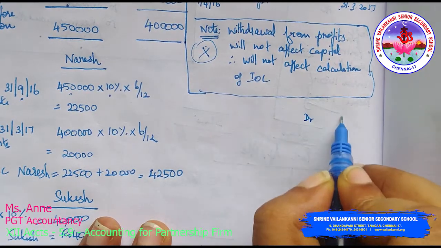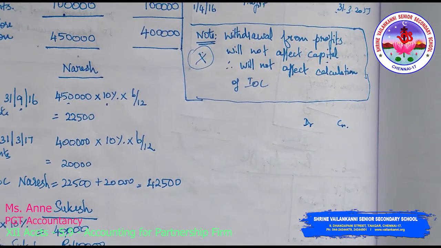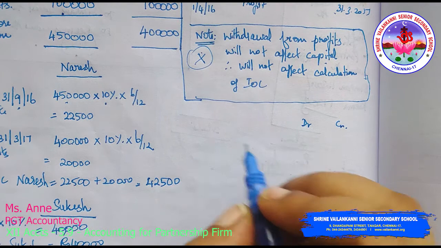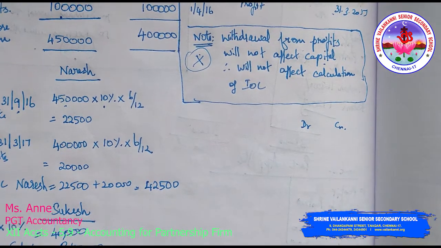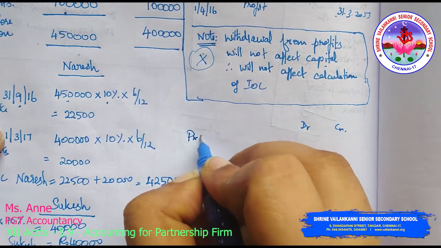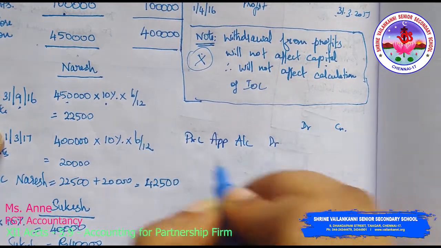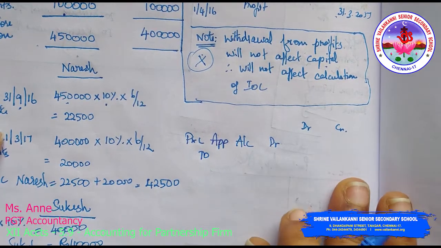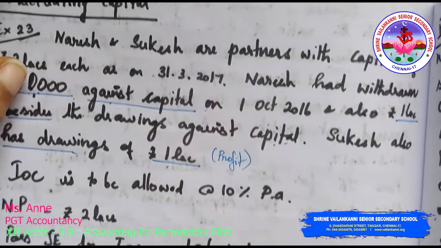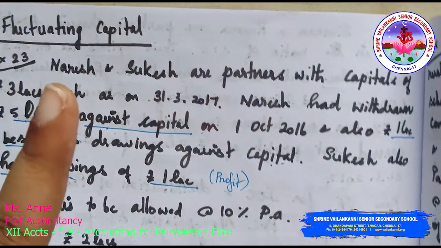So debit and credit. Interest on capital is like an expense, right? So what is the journal entry? It is profit and loss appropriation account debit. Which method are we following? We are following the fluctuating capital method. So only one account is to be prepared, that is the partners' capital account.